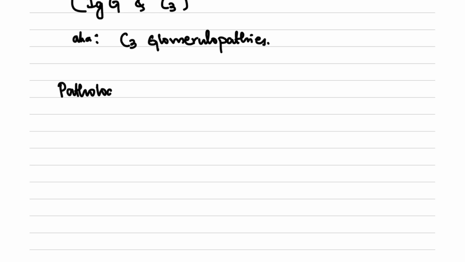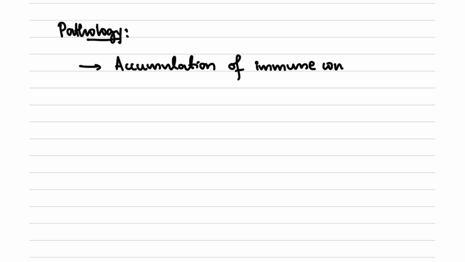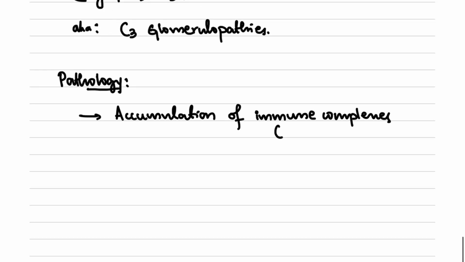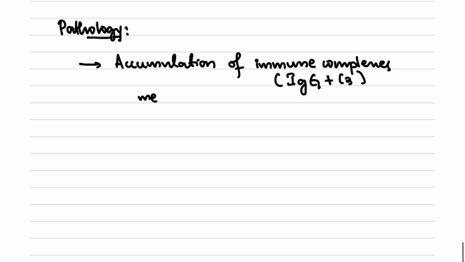What is the basic pathology that happens in MPGN? Look at the pathology. There will be accumulation of immune complexes in the mesangial matrix. These immune complexes, as we just told you, are IgG along with complement-3 proteins, and they go and deposit in the mesangial matrix.